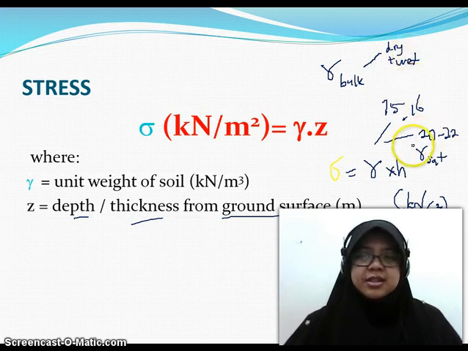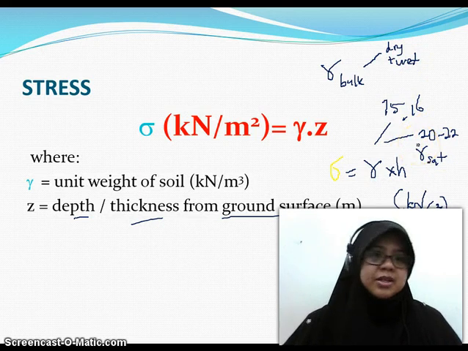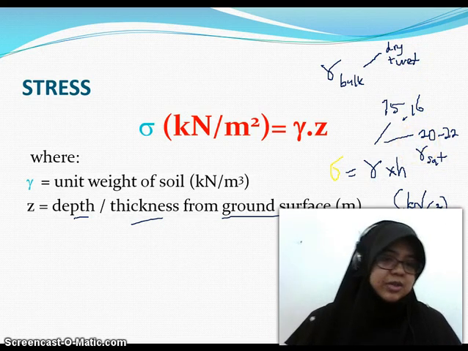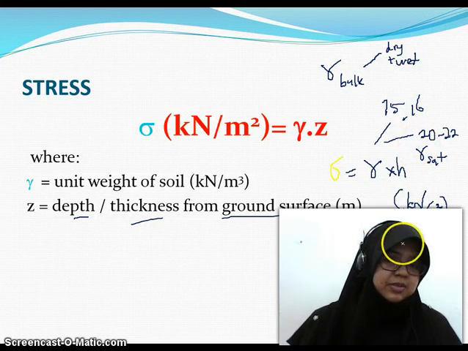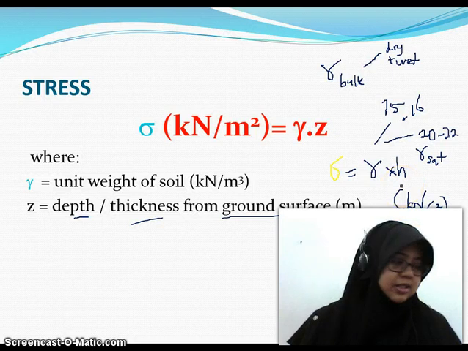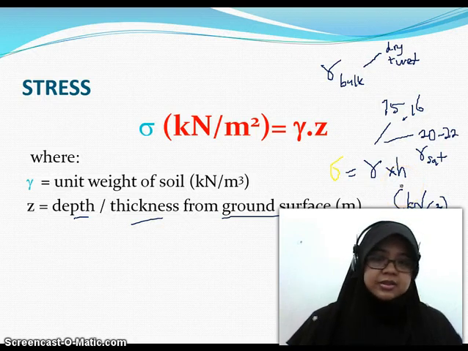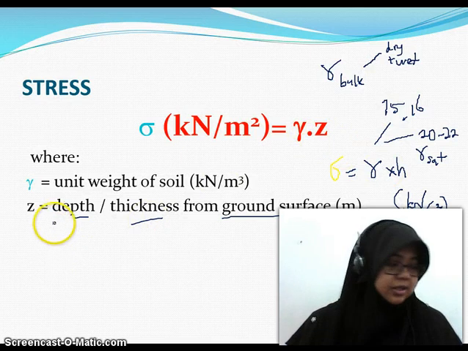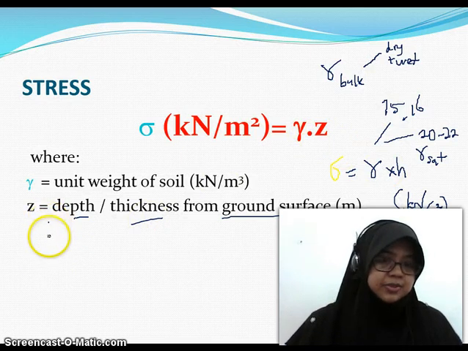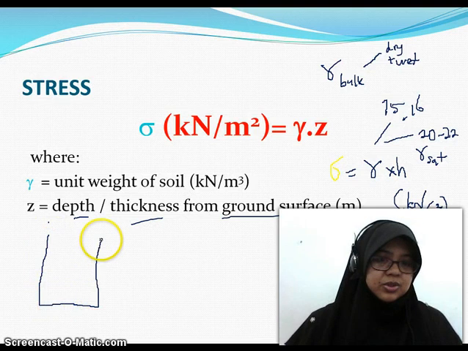For saturated, if you still remember, let me draw the soil basic properties. I hope you have already taken soil mechanics.